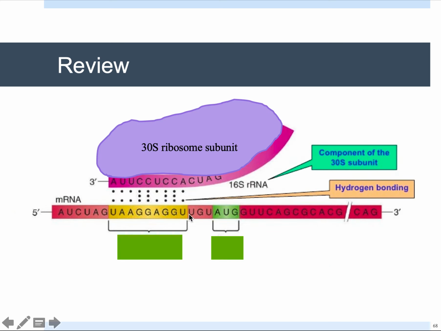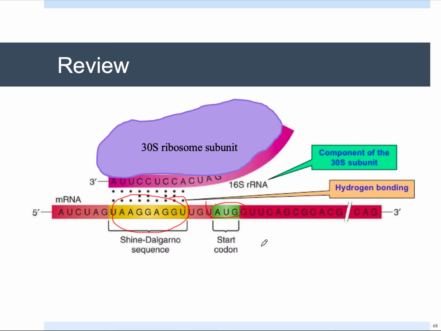So the Shine-Dalgarno sequence that I was mentioning, this is it, and that's where the ribosome will attach, and it's very close to the start codon. So the Shine-Dalgarno sequence and the start codon are needed for the process of translation, the making of proteins from messenger RNA.